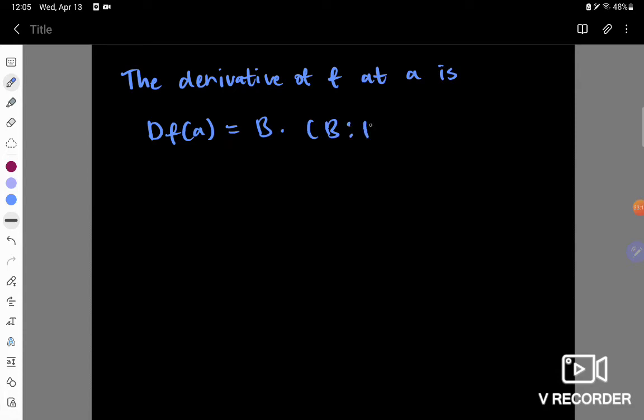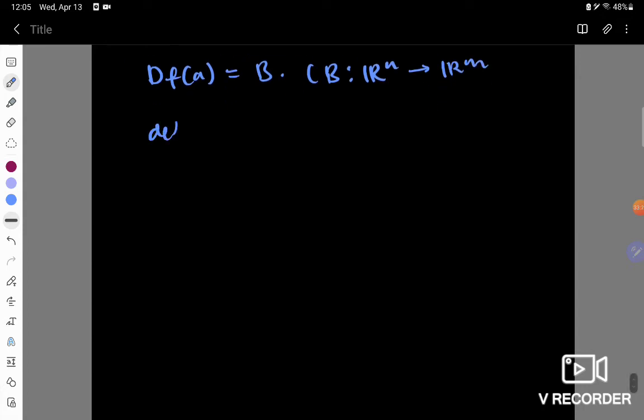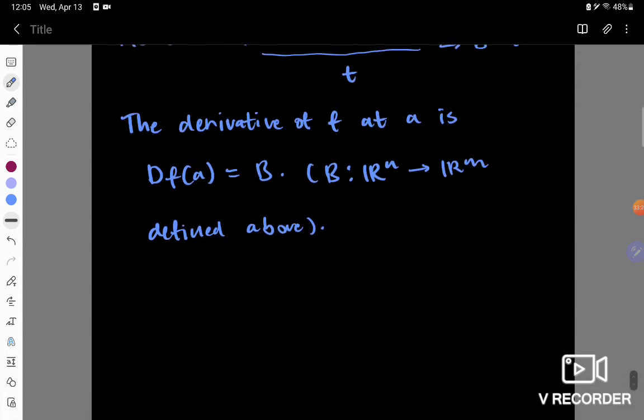And b is from R^n to R^m, which is defined above. So this is our linear transformation.